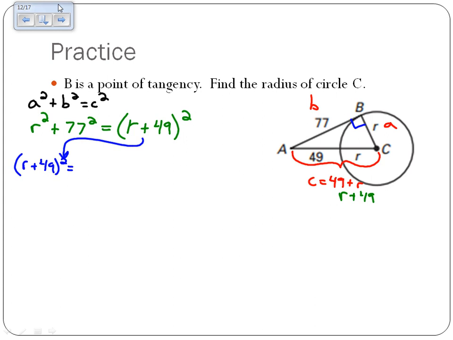So if I have R plus 49 squared, it's going to be R plus 49 times R plus 49. How do we feel about that? Okay? So whenever I square something, like if I do 7 squared, it's 7 times 7, right? Well, here I have the parentheses squared, so I have to do the parentheses times itself. Does that make sense? Questions? I can stop and go through that.